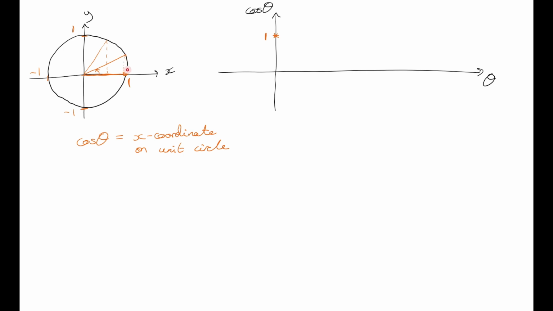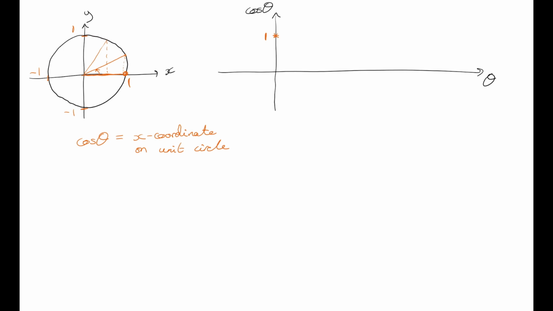I'm not interested in the y coordinate, and I'm not moving to the left very much. As I start to move further round this quadrant of the circle, the rate at which I move left, so the rate at which the x coordinate decreases, increases a lot.